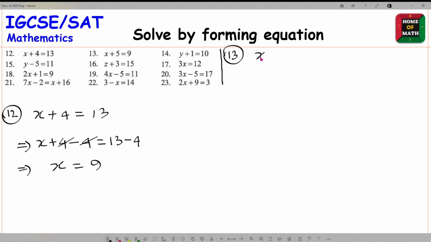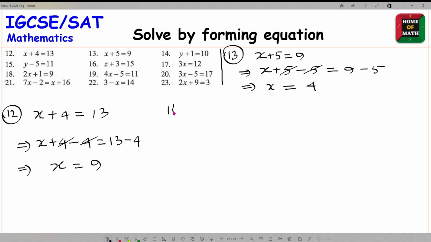Okay, here is x plus 5 equals 9, so we subtract 5 from both sides. x plus 5 minus 5 equals 9 minus 5, so plus 5 and minus 5 cancel out, so the answer is 4.